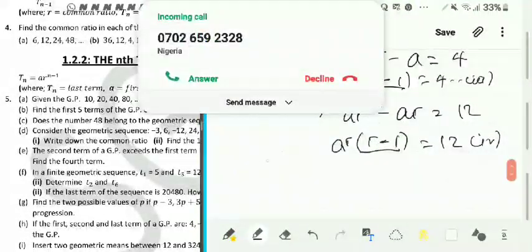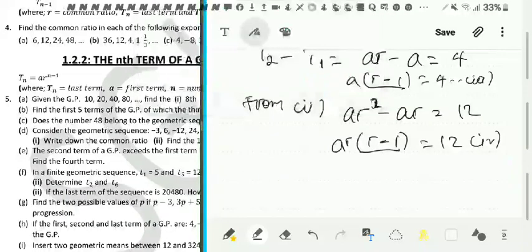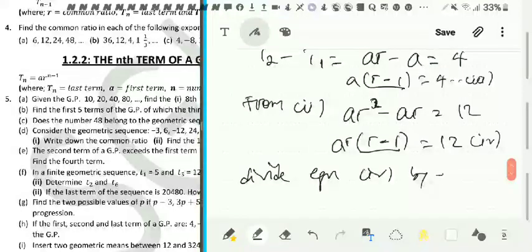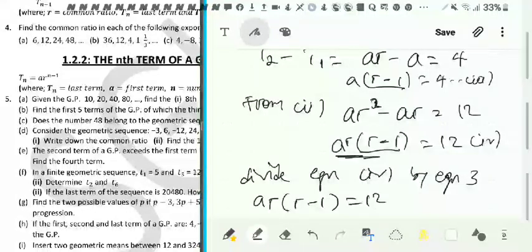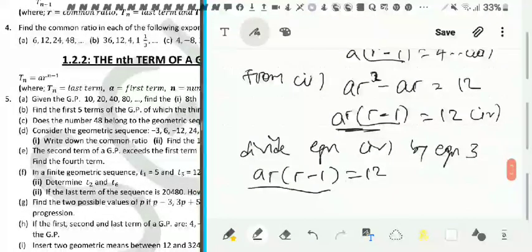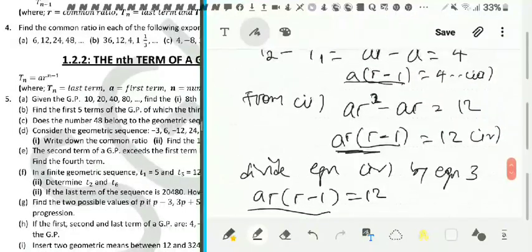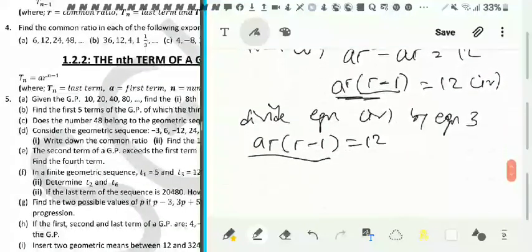So let's divide equation 4 by equation 3. We'll have AR open bracket R minus 1 equals 12, divided by A open bracket R minus 1 equals 4.